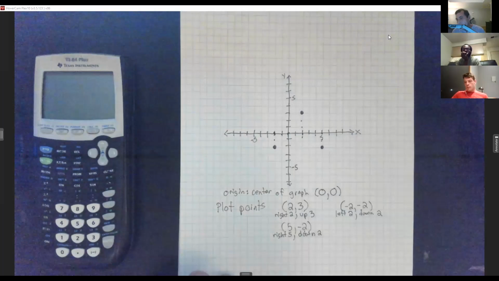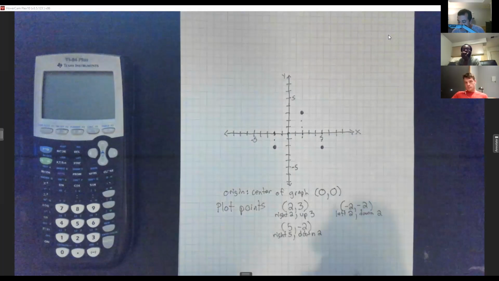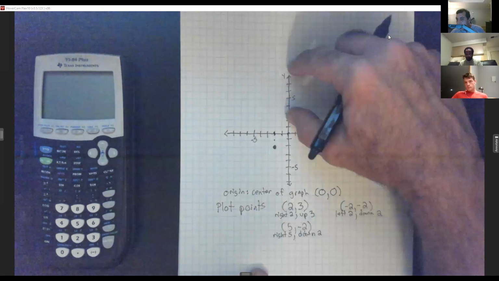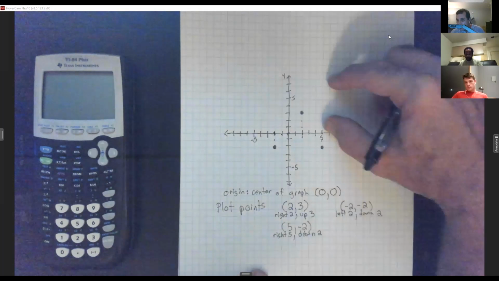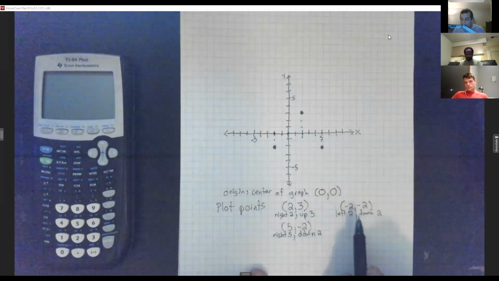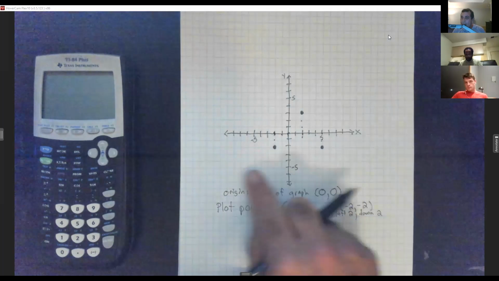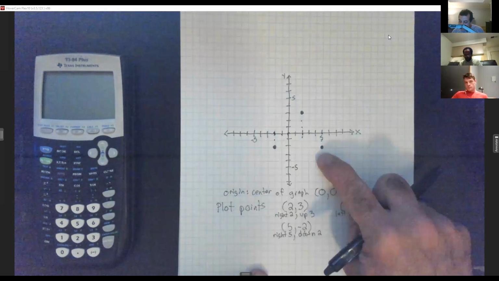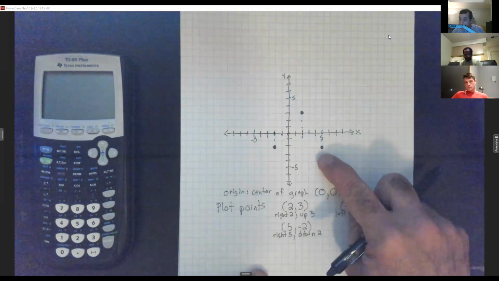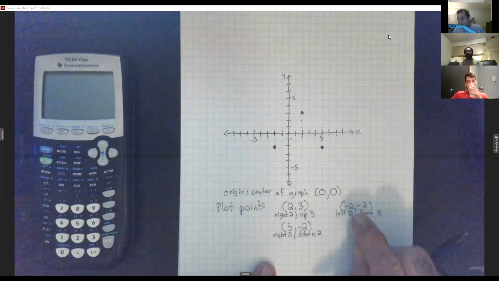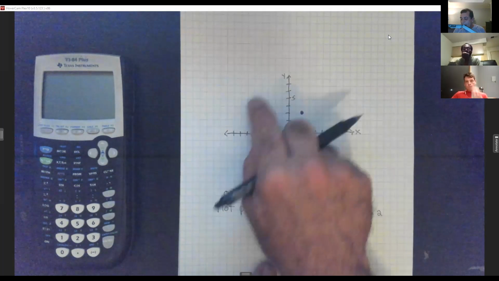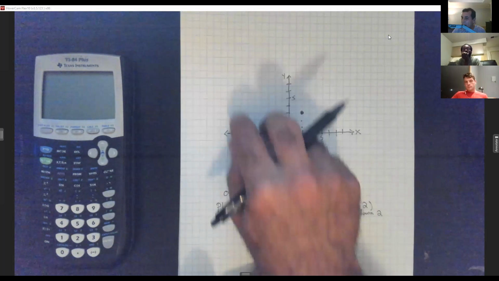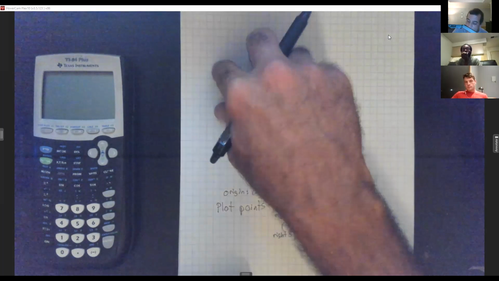Okay, so y'all check this out. Anytime they're both positive, you're going to be in this section of the graph with your dots. When they're both negative, you're going to be in this section down here. This one I got here from having a positive and a negative. And then to get over here, my x would have to be negative, but my y would have to be positive, okay? So I'll show you the signs.